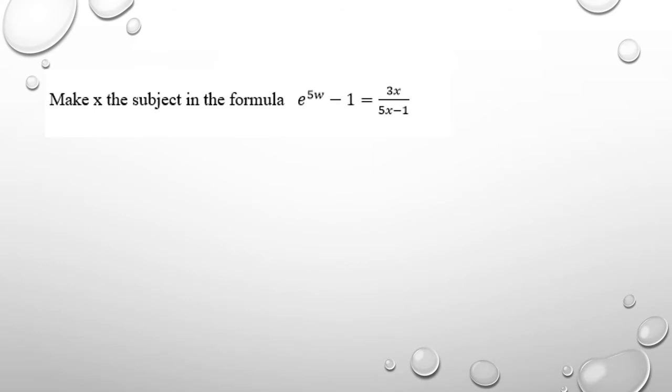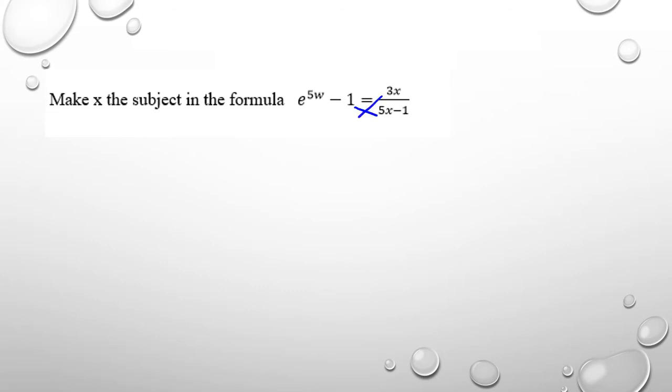This one here is making x the subject of the formula. It does look complicated, but your first step is to cross multiply, to get rid of the fractions. That's your first step, because you have x in both the denominator and numerator, so you want an x on one side of the equation.